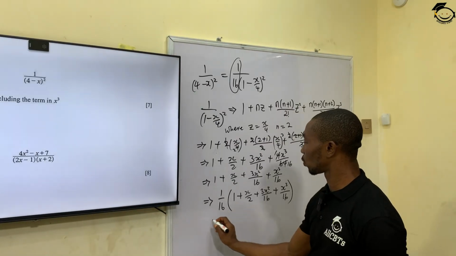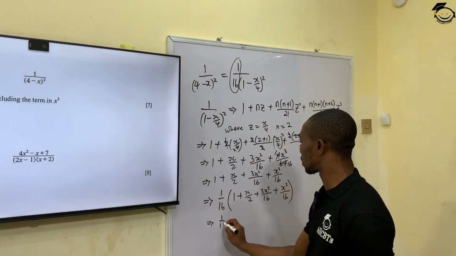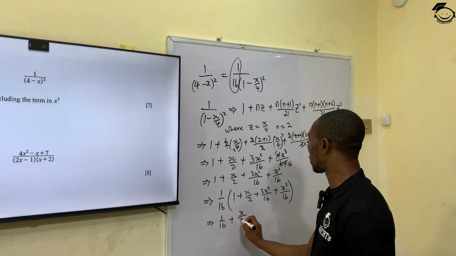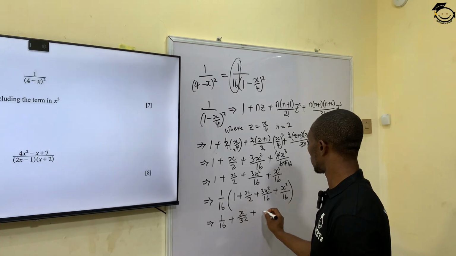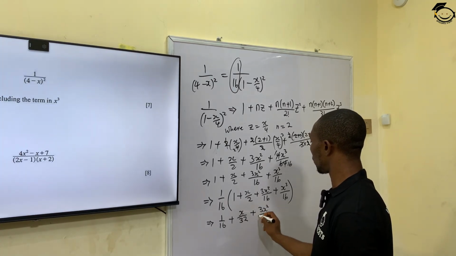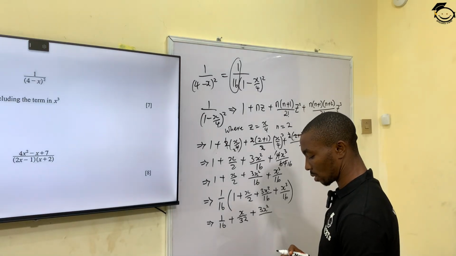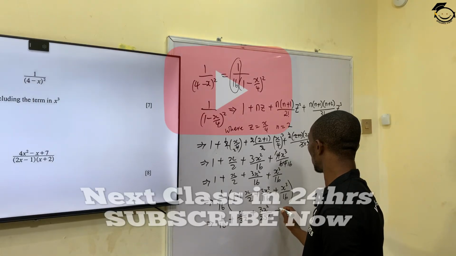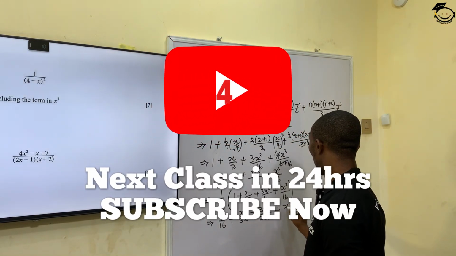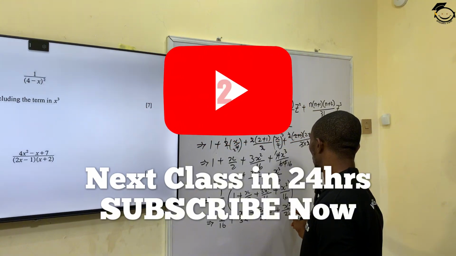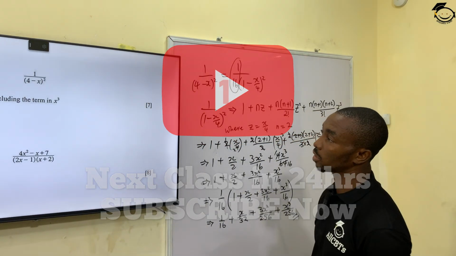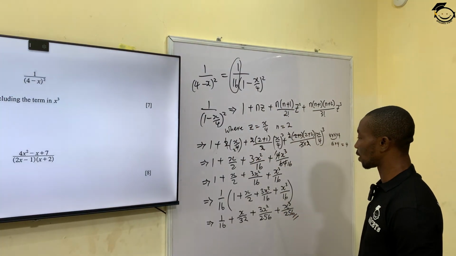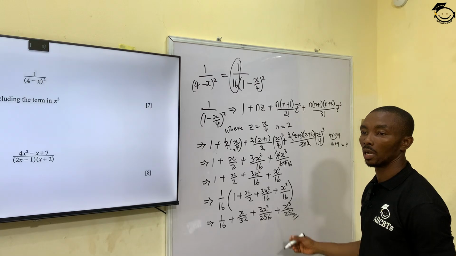Opening up this bracket, we have it as 1/16 plus x over 32 plus 3x squared over 16 times 16 would give us 256 plus x cubed over 256. So since we are asked to raise it including in the terms of x cubed, we've brought it to x cubed. So this gives us our answer.